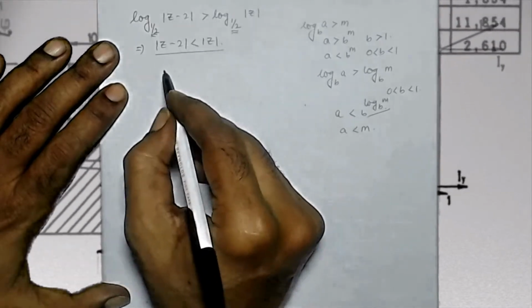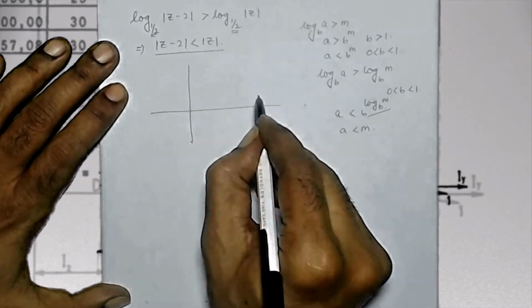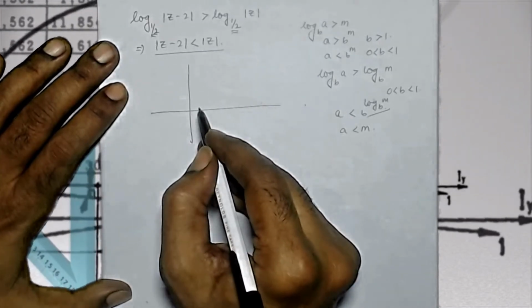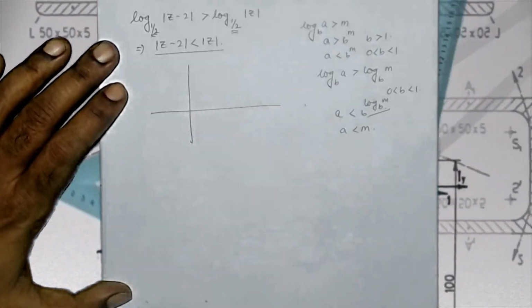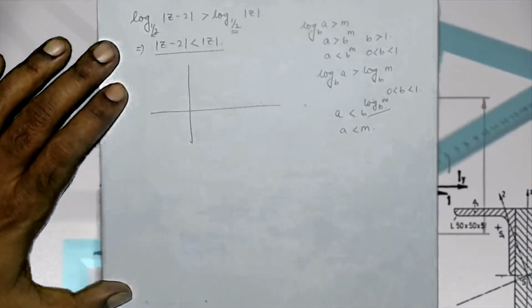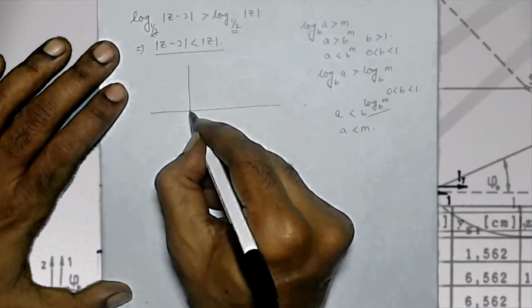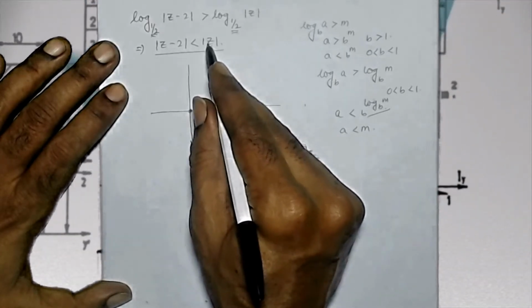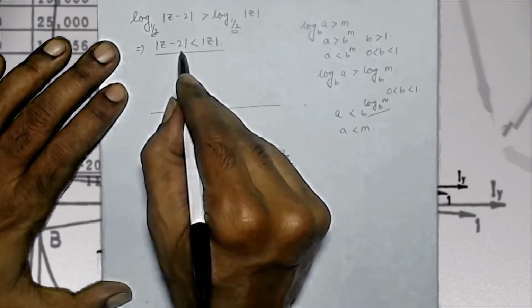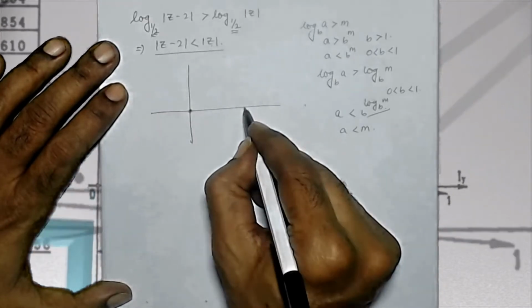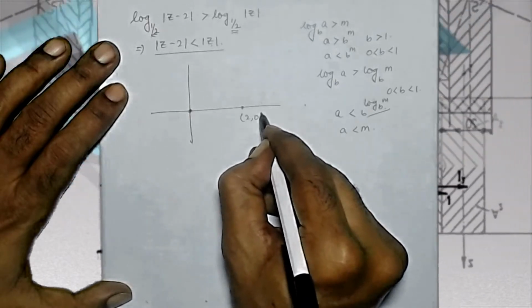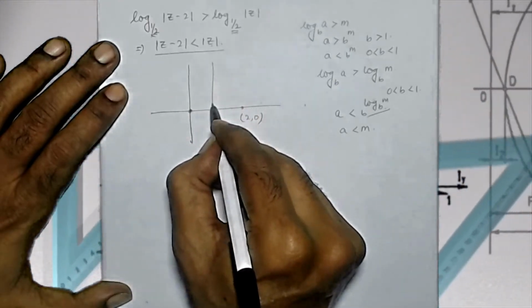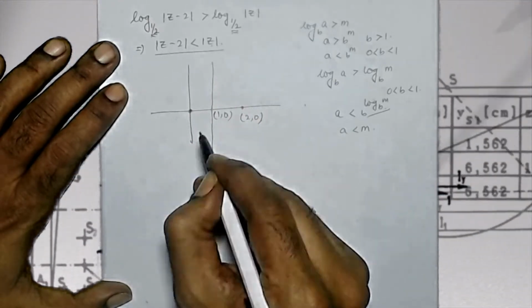Just now we have done it. Mod Z means the distance of that variable point Z from the origin, and this distance is more than the distance of that point from the point 2 comma 0. 2 comma 0 is somewhere here. The perpendicular bisector passes through the point 1 comma 0.